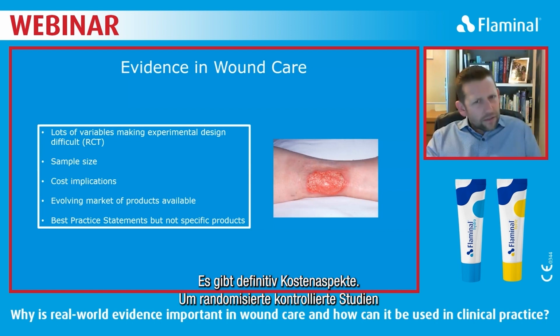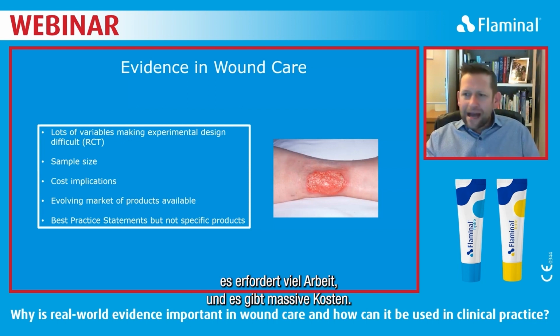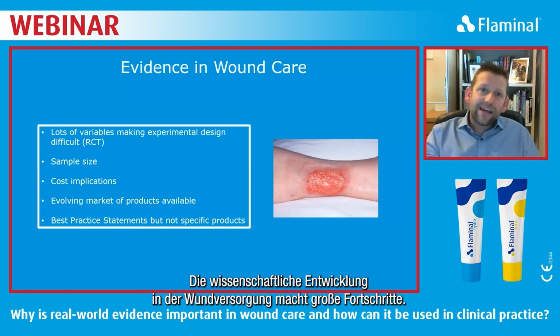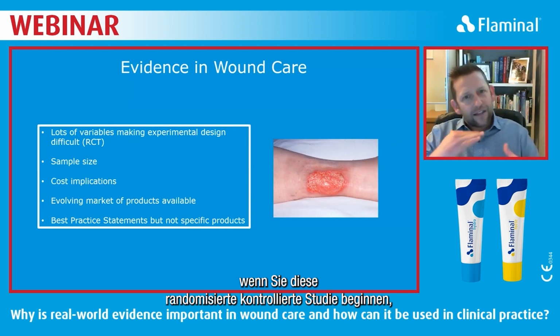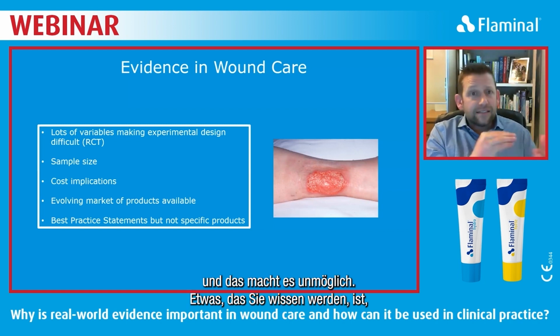The other thing is cost implications. To do randomized controlled trials, it's time consuming, it takes a lot of work, there's massive cost implications. And then on top of that, you've got an evolving market of products available. That scientific development within wound care is taking leaps and bounds. And so therefore, by the time you get this randomized controlled trial going, it might be that the products that are available have improved no end, making that not possible.